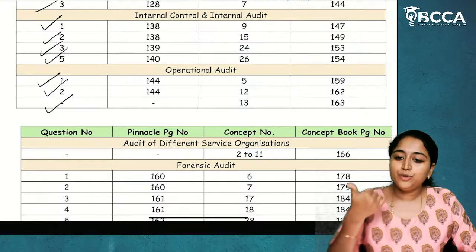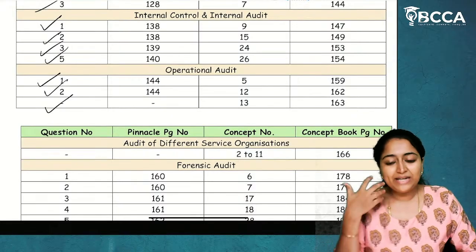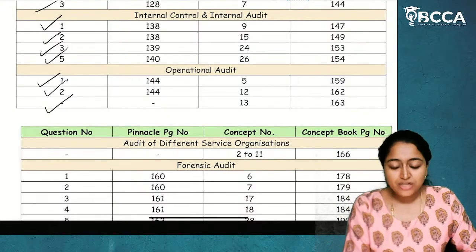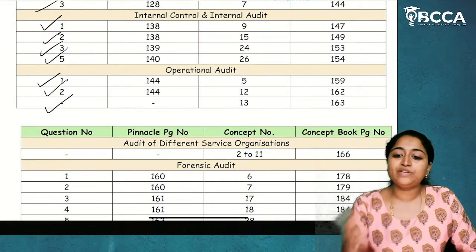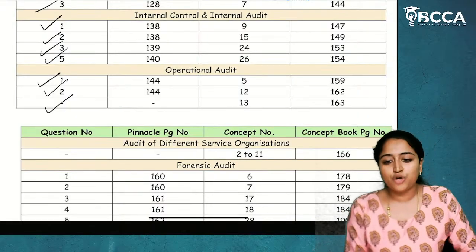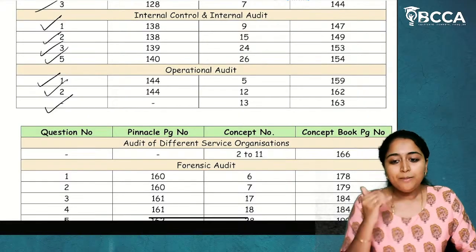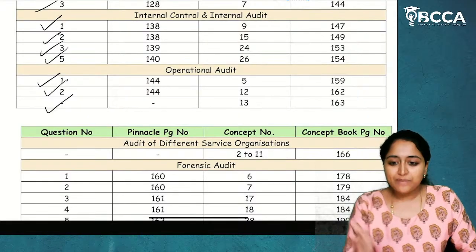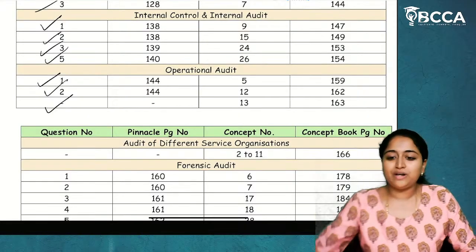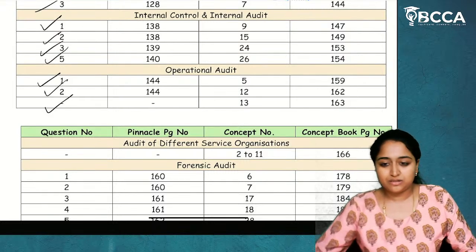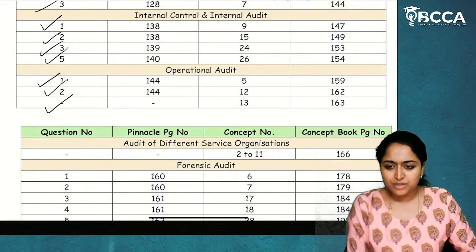Even if we are doing a speed post, it will take 3 or 4 days for you to reach it. So you can easily opt for soft copies rather than hard copies at this point of time. But if you are not giving your examination in June, but going for other further attempts of December, something like that, then you can easily purchase the books.